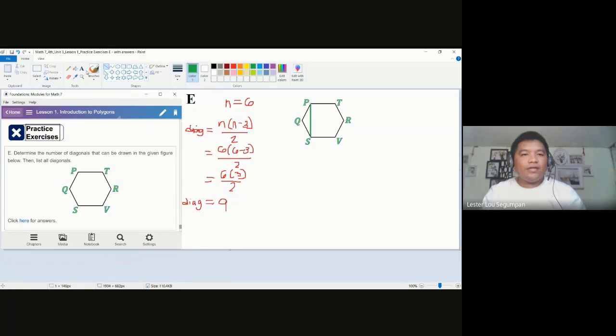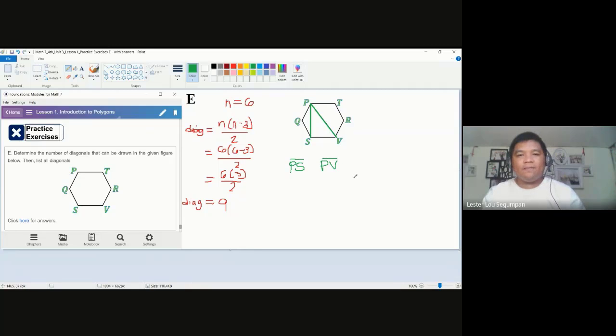And this is now a diagonal. Again, it's a line segment, so it has the notation diagonal PS or diagonal SP. The next diagonal is from vertex P to vertex V. The name for this is line segment PV or VP.